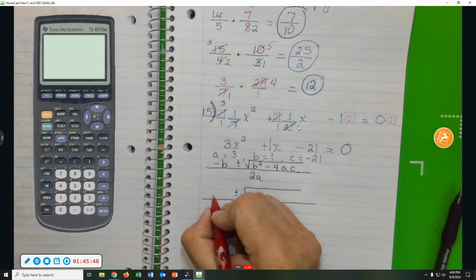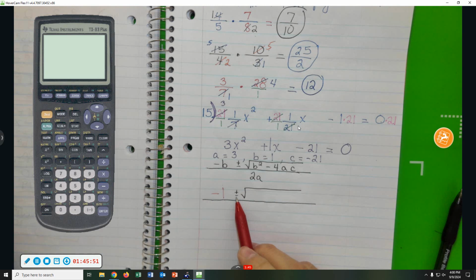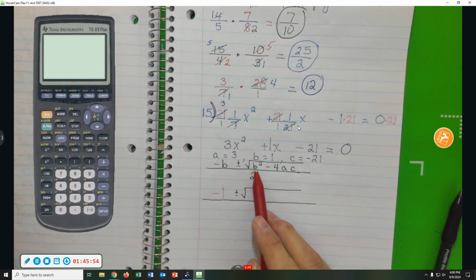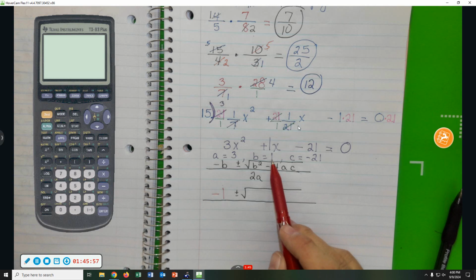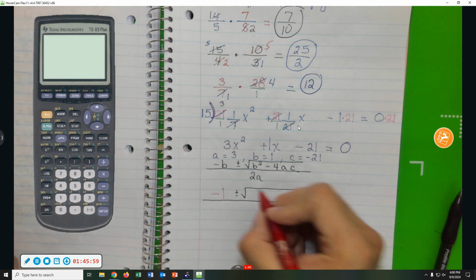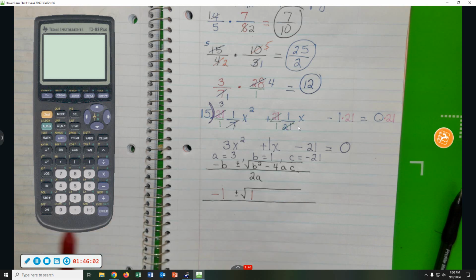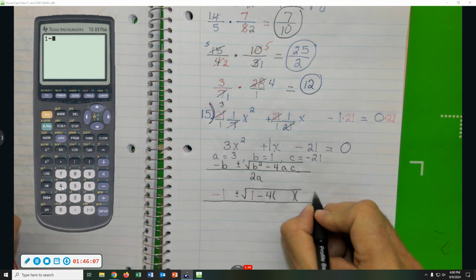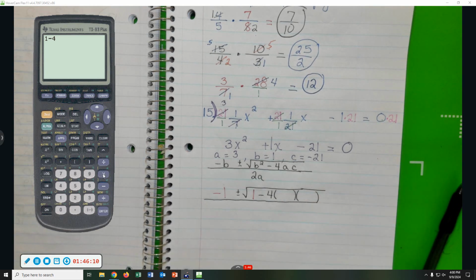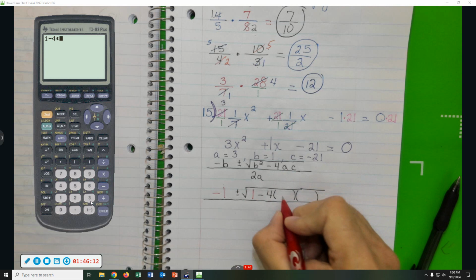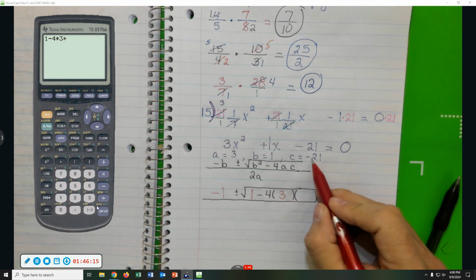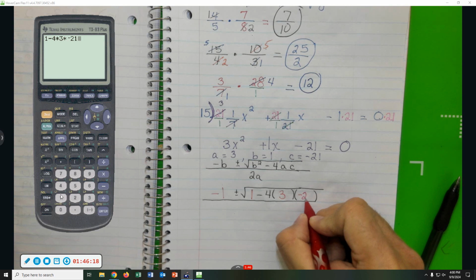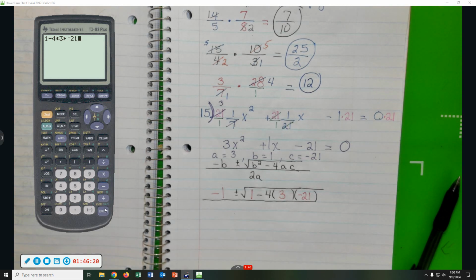Negative 1 plus or minus the square root of b squared. We can do that in our head. 1 times 1 is 1. Then minus 4 times a times c. A is a 3, and c is a negative 21, all over 2 times a. What am I going to write in the bottom? 6.